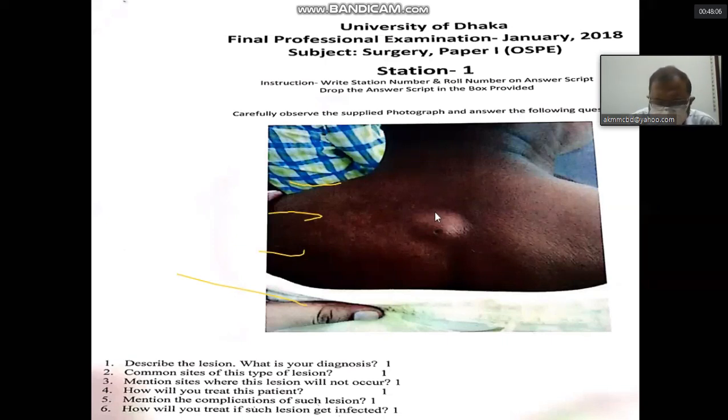This is the punctum, and there is reddish inflamed skin surrounding. So what is your diagnosis? It is the sebaceous cyst. There is reddish inflamed skin, so you have to say infected sebaceous cyst, not only sebaceous cyst.